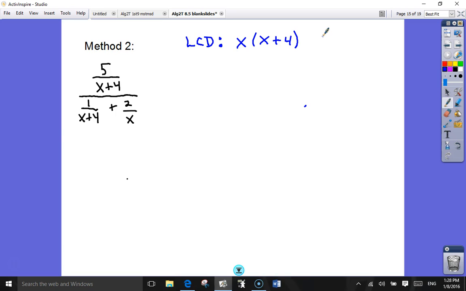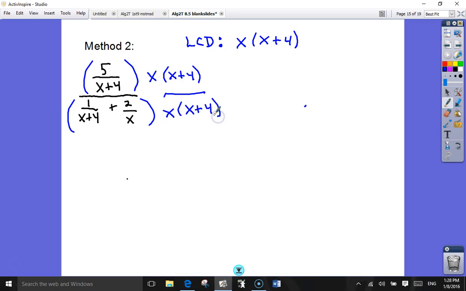And then multiply the numerator and denominator by that. Whatever I multiply the numerator by, I've got to multiply the denominator. Ultimately, this is 1, and you're allowed to multiply by 1.